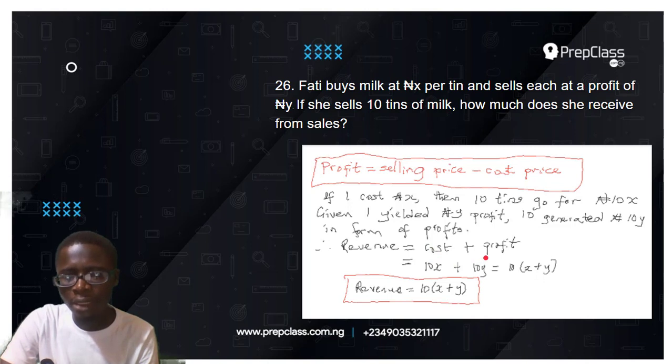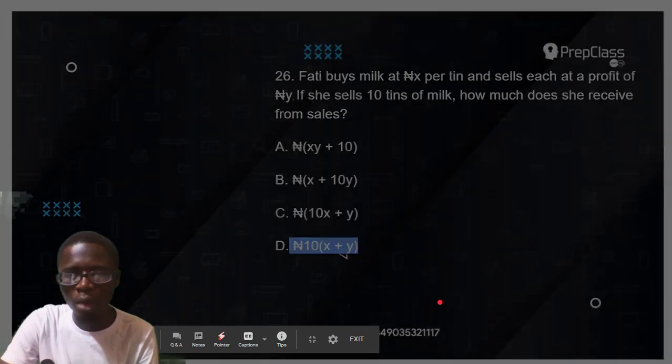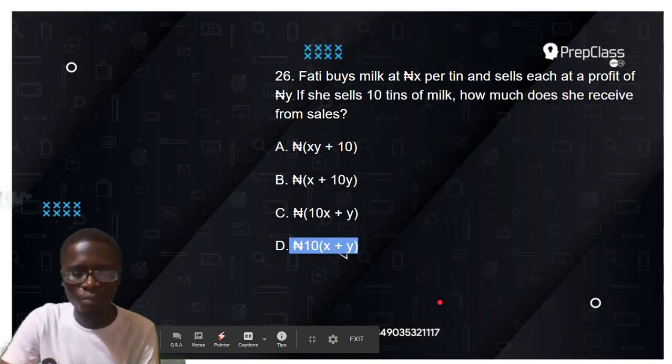And the profit, we were meant to understand that she was able to gather as much as 10Y of the total revenue as her profit. So by the time we add this, you discover that 10 is a common term on both sides, so you factor it out, and we will be left with this as the revenue. So this is option D.